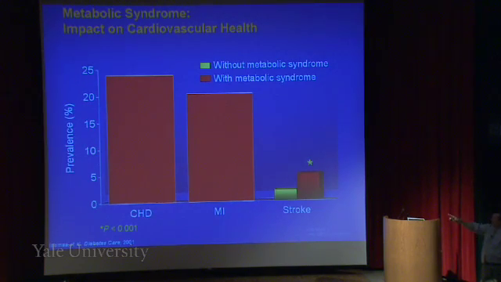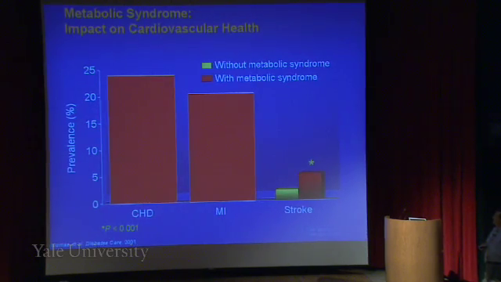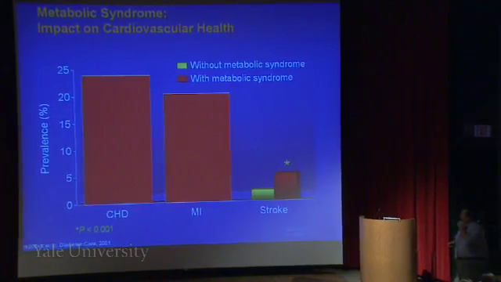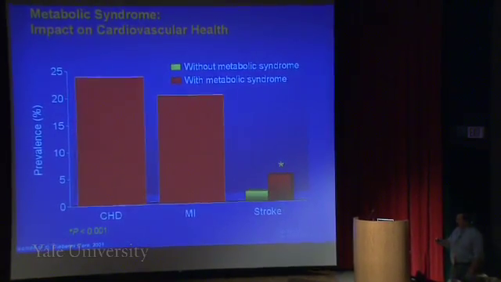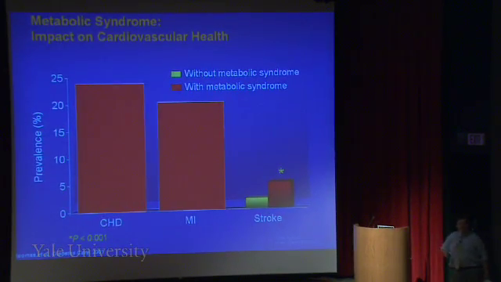On the y-axis here, it's the percent of people with these two conditions who have cardiovascular disease. Stroke is less than 5% and a little over 5% as the outcome. MI stands for heart attack, myocardial infarction, and in this case you see an even bigger differential, people with a metabolic syndrome having even more elevated risk than they did for stroke.